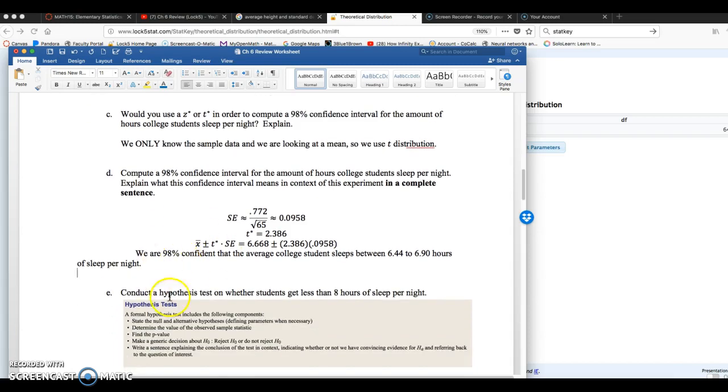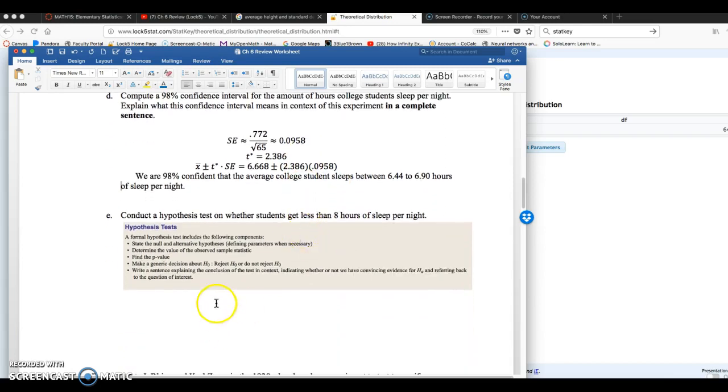And I now want to run a hypothesis test. But before we do that, just notice the researchers want to know if students get less than 8 hours of sleep, at least according to this confidence interval, and it's not looking like students are getting 8 hours of sleep. But let's run through this. So here I want to state the null and alternative hypothesis, defining parameters when necessary.